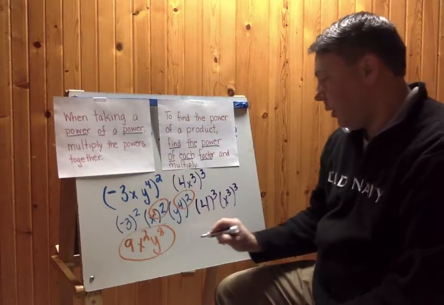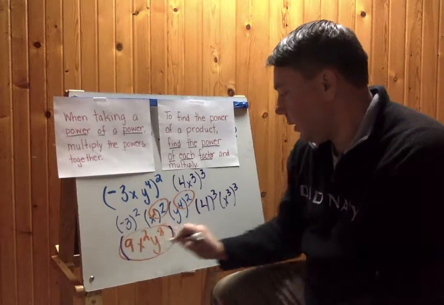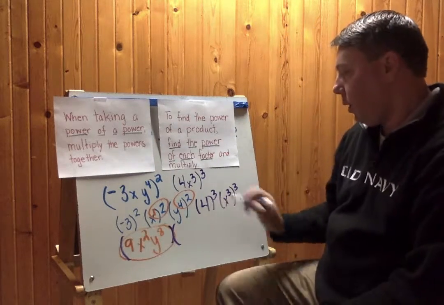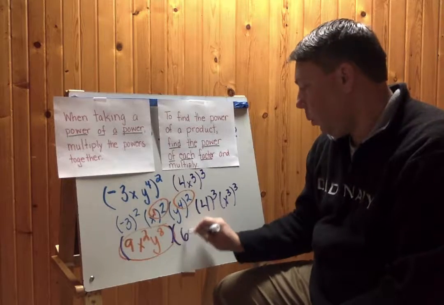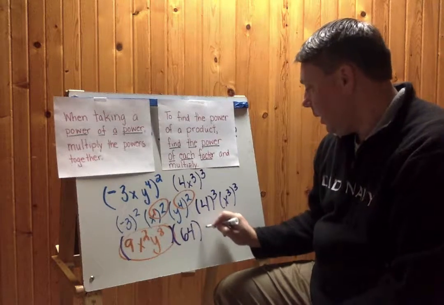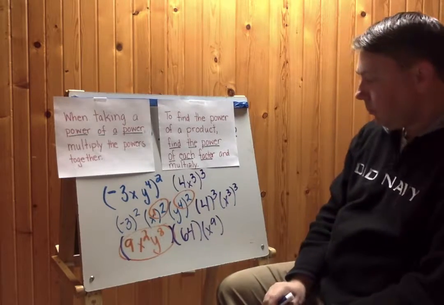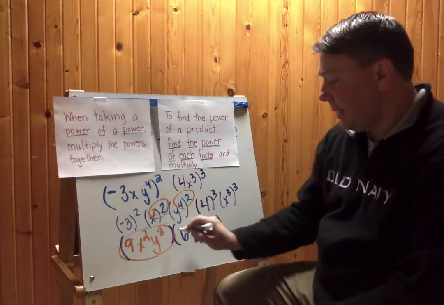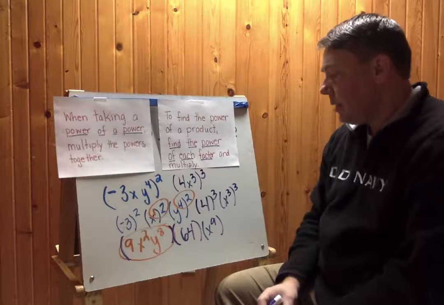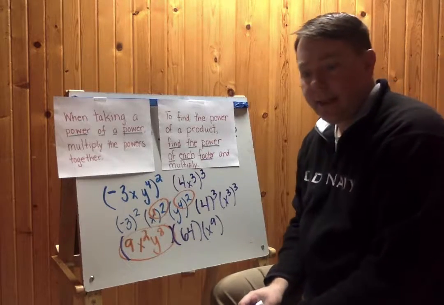So 4 to the 3rd would be 64, and then x to the 3rd to the 3rd would be x to the 9th. Now if this is the case, we're going to multiply 64 and 9 together.